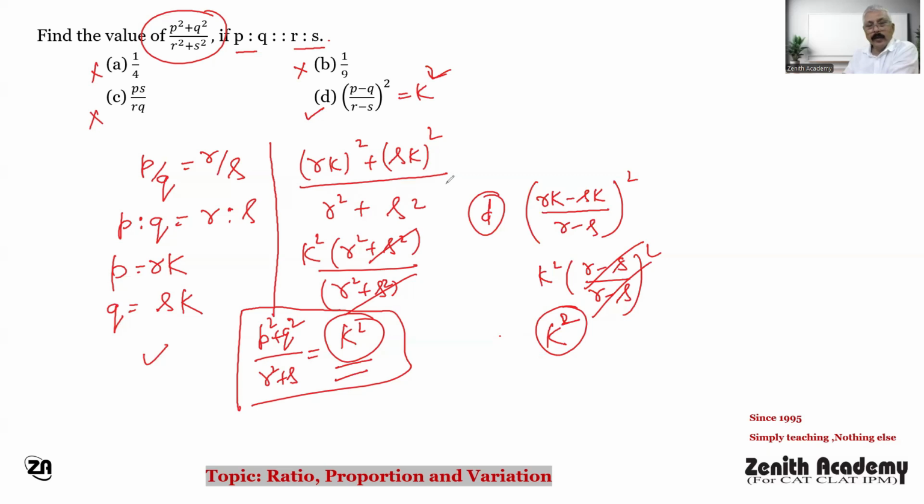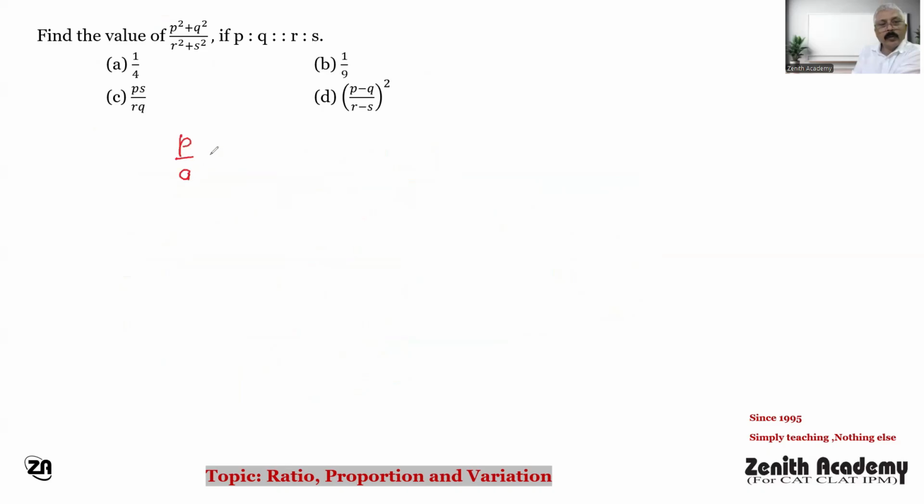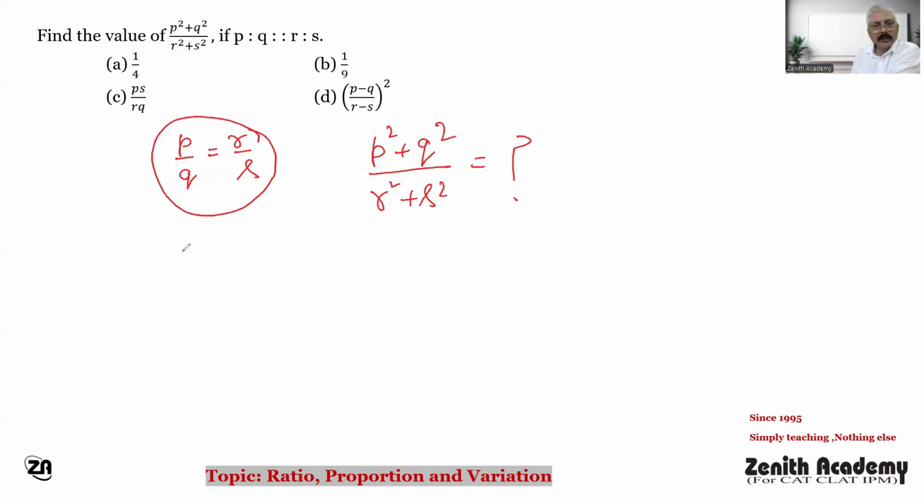Okay. But you have one another approach. That approach is like, it is given that P upon Q is equal to R by S, and find P square plus Q square upon R square plus S square. Okay, so assume any number. Suppose I take P is 1 and Q is 2, and R is 2, S is 4. So the ratio is equal.